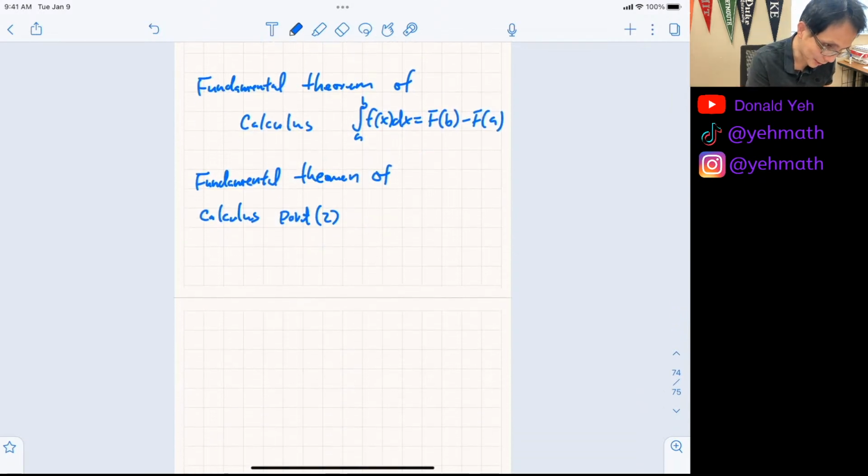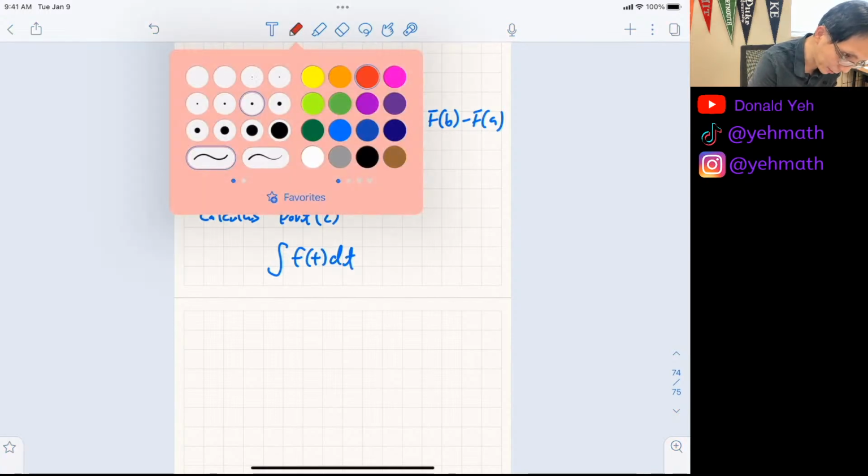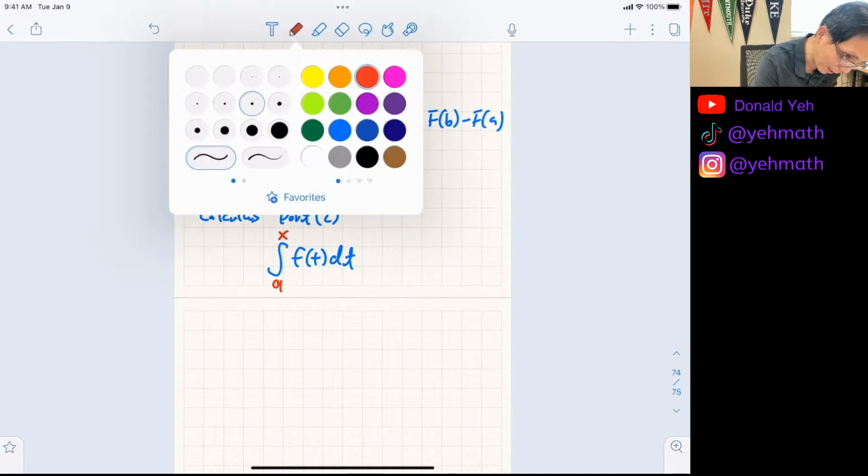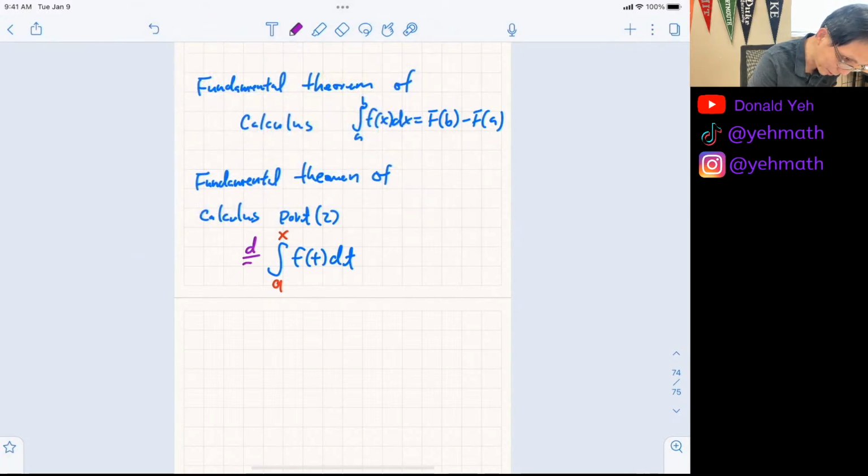So what I'm trying to say is this: if I have the integral of some f of t dt, and we have a boundary, in red, x and a, and after that we take a derivative with respect to x, this will always equal f of x.